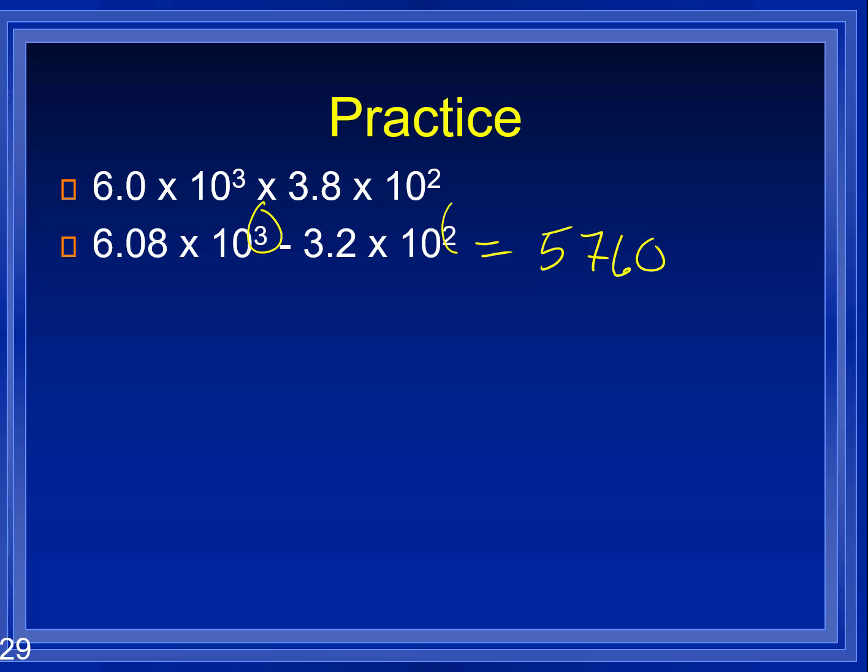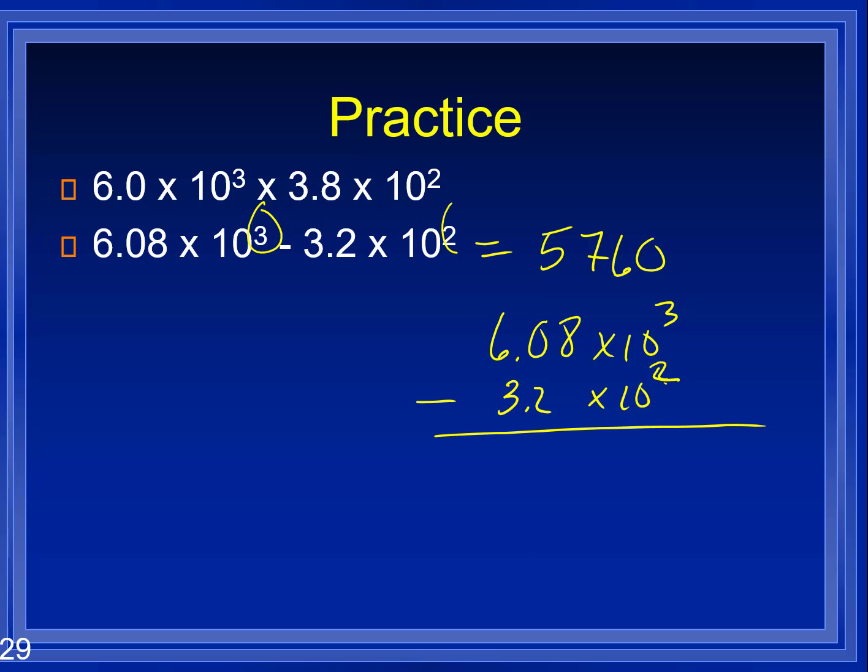So when you're doing sig figs in scientific notation, you have to stop and write it down. Okay, so 6.08 times 10 to the third minus 3.2 times 10 to the second. I can't subtract those two because they're not to the same power of 10.